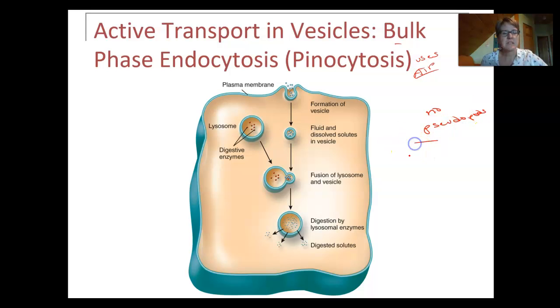But what happens instead is there is kind of an indentation. The plasma membrane just kind of goes in. So whatever's out and about falls into that little indentation, and then it's brought around into its own little vesicle, right? Bound by a plasma membrane.